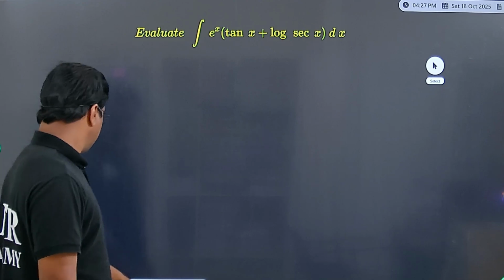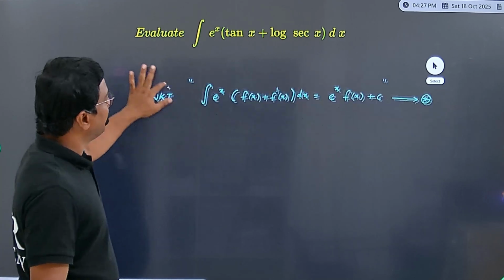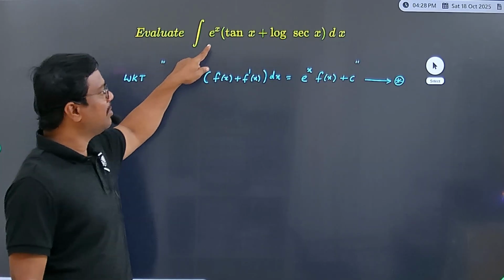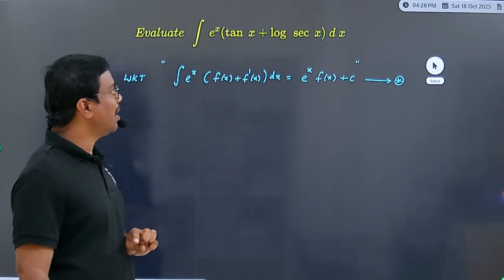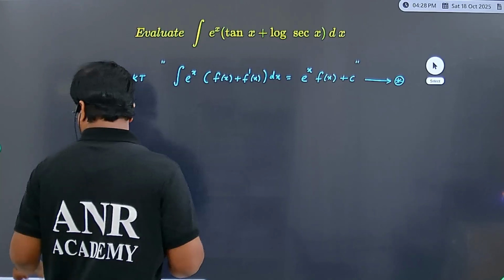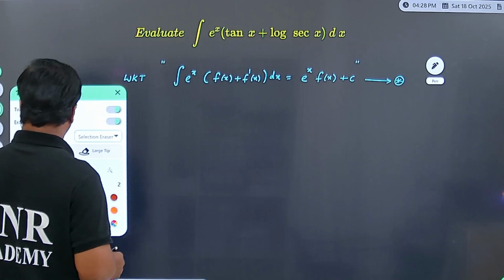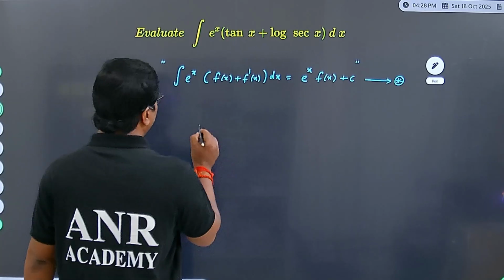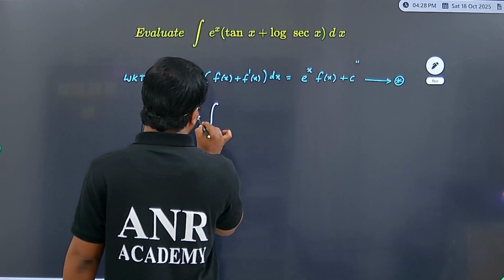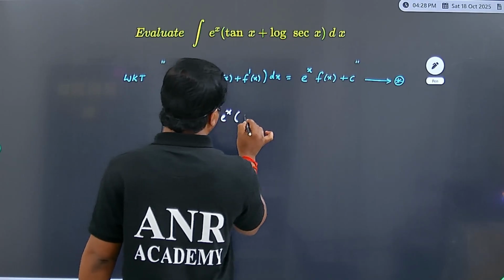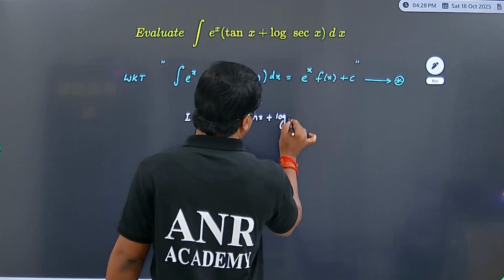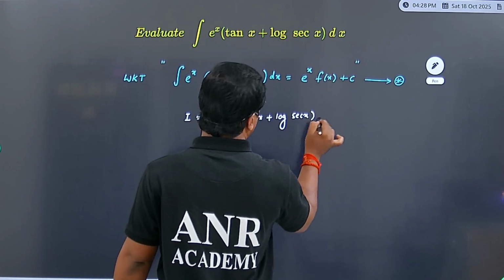Let us move to the next. Integration of e power x into tan x plus log of secant x. This is the question. Here given integral I, integration of e power x into tan x plus log secant x dx.